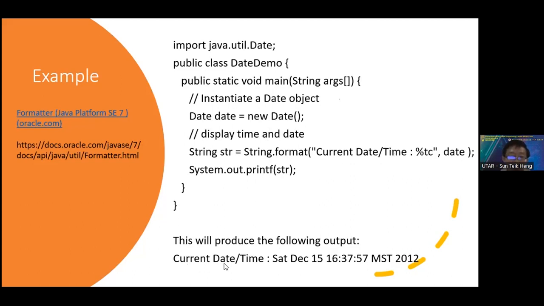So it displays current date/time colon, and then the placeholder here, the formatting is %tc. The variable date has the value from the current date and time. When you format it using %tc, it is Saturday, December 15, the time, MST. So this is the format that it will produce for you. For further reference, you can refer to this link here.